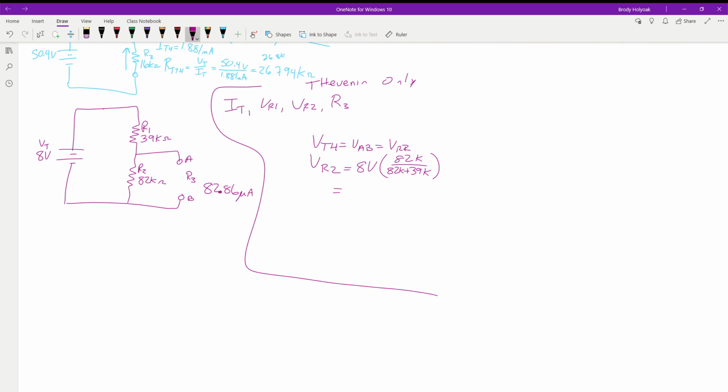When we come up with that, we get 82 divided by 82 plus 39. We get 5.422 volts. That's V Thevenin.